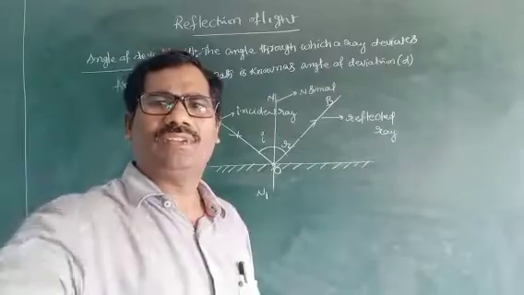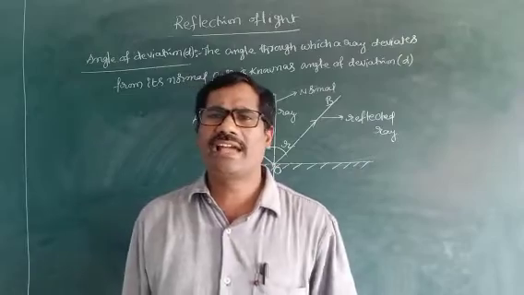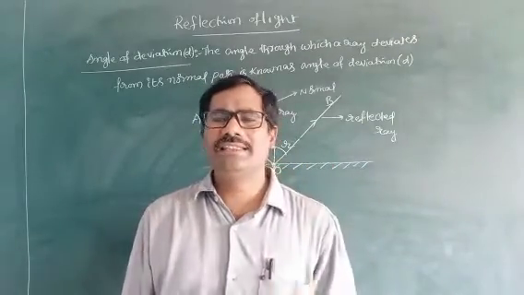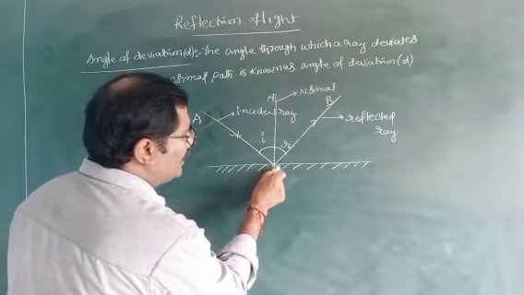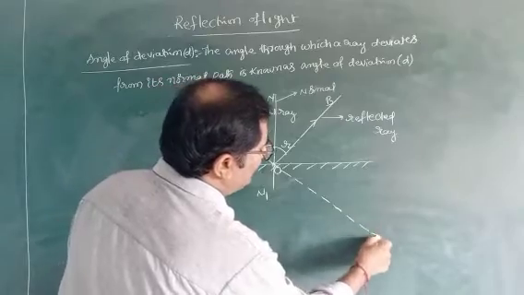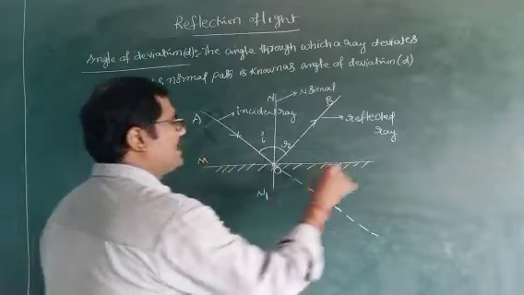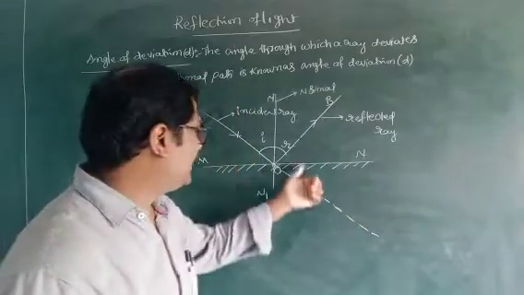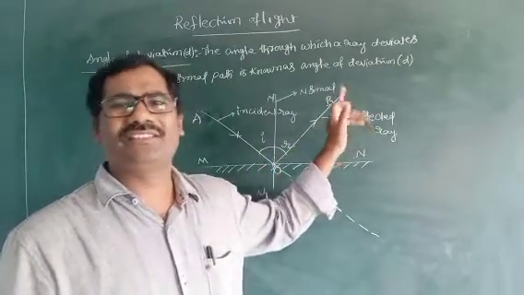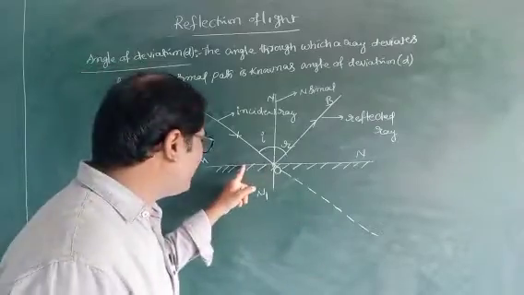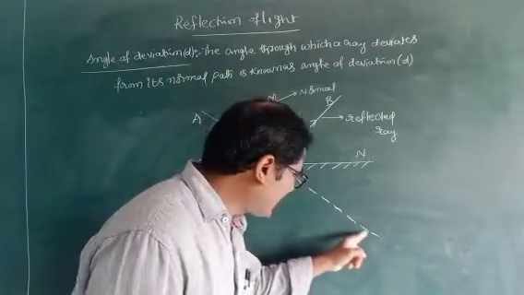Angle of deviation. Generally, a light ray travels in a straight line path. But when the mirror MN is inserted, some part of the light is reflected back into the same medium. In the absence of the mirror, the light ray travels in a straight line path.